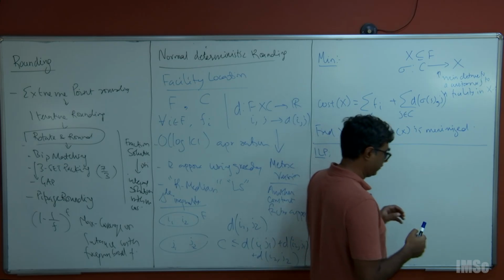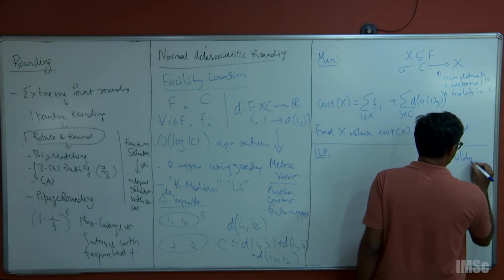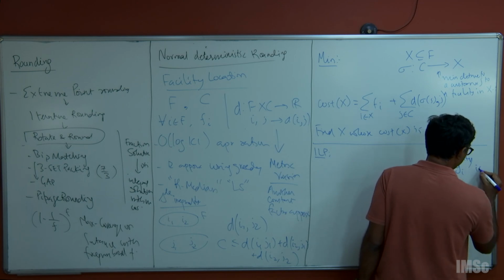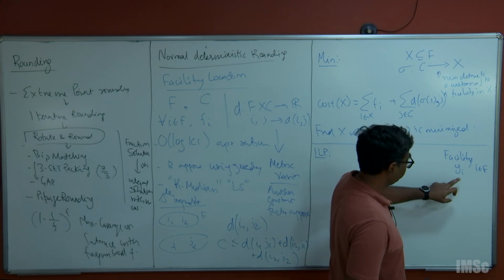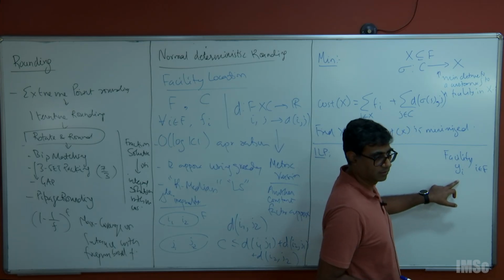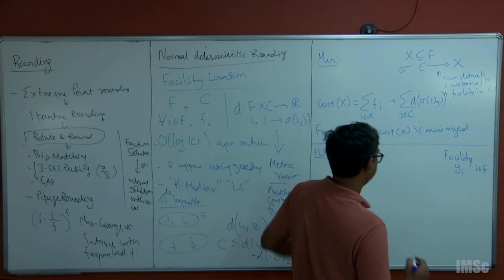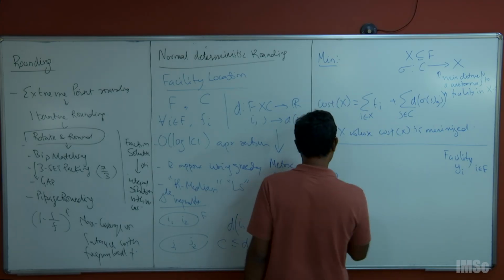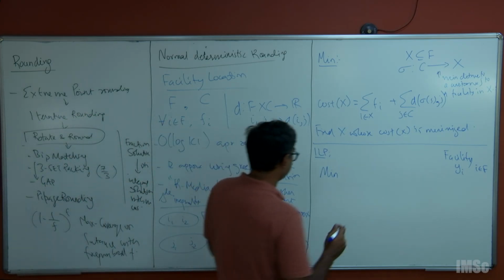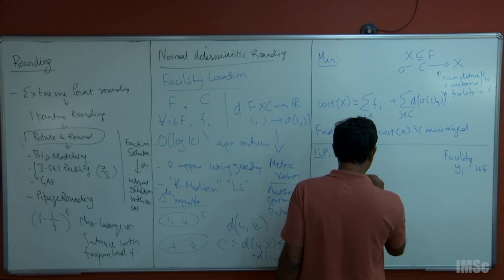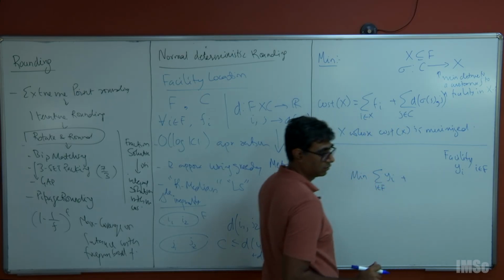For each facility we have a variable, say y_i, i in F. Definitely we are not going to minimize just y_i, right? That is not what the cost function is. So minimize what? Let's write it down. Minimize the summation of y_i, i in F, plus what?